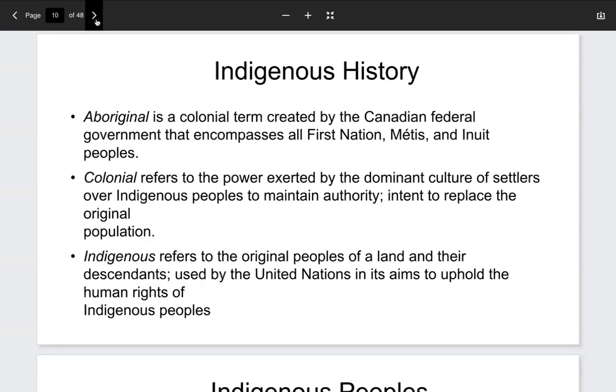So in terms of Indigenous history, we're just going to go over some definitions. So the term Aboriginal is a colonial term that was created by the Canadian federal government, and it includes all First Nation, Métis, and Inuit peoples. When we're talking about colonial, this is referring to the power that's exerted by dominant culture of settlers over Indigenous peoples to maintain authority.